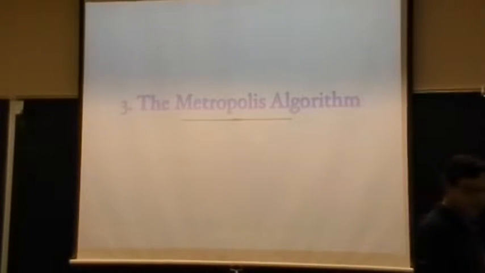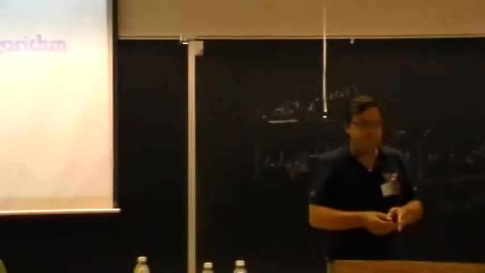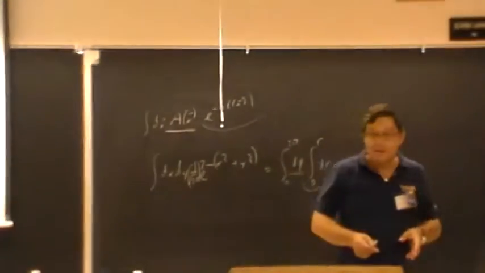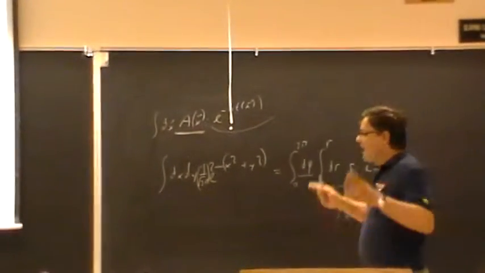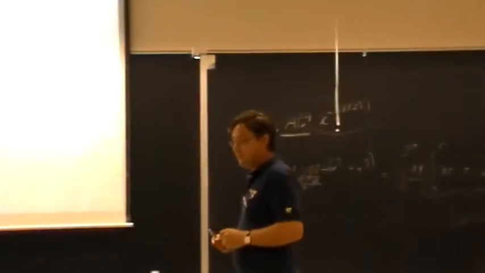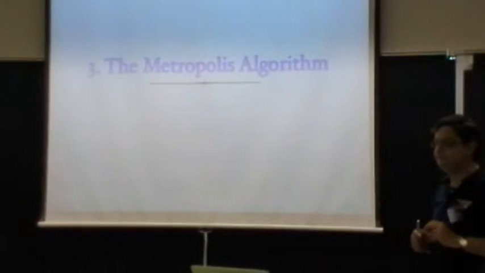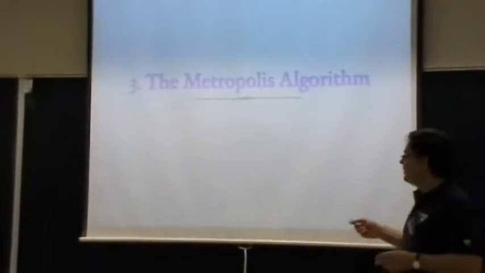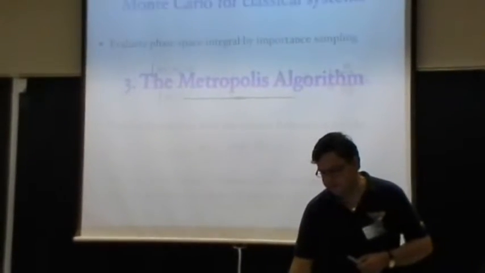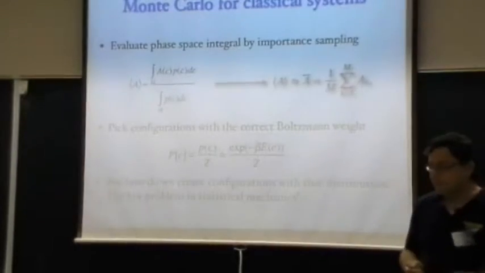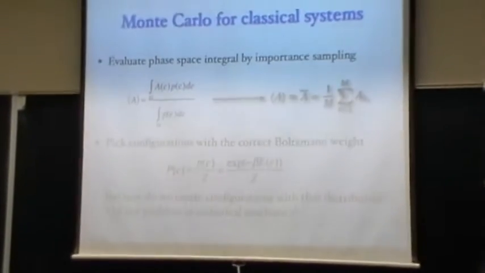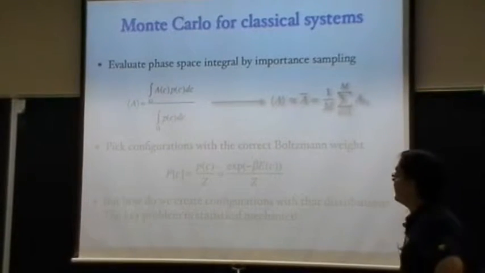So now, what do we do for the physical problems? Because here, when we take the Boltzmann weight, we draw some random positions for the particles, we get a very unlikely configuration, so it will essentially always be rejected. The solution is the Metropolis method. What is the Metropolis method? It is essentially just what I sketched before.